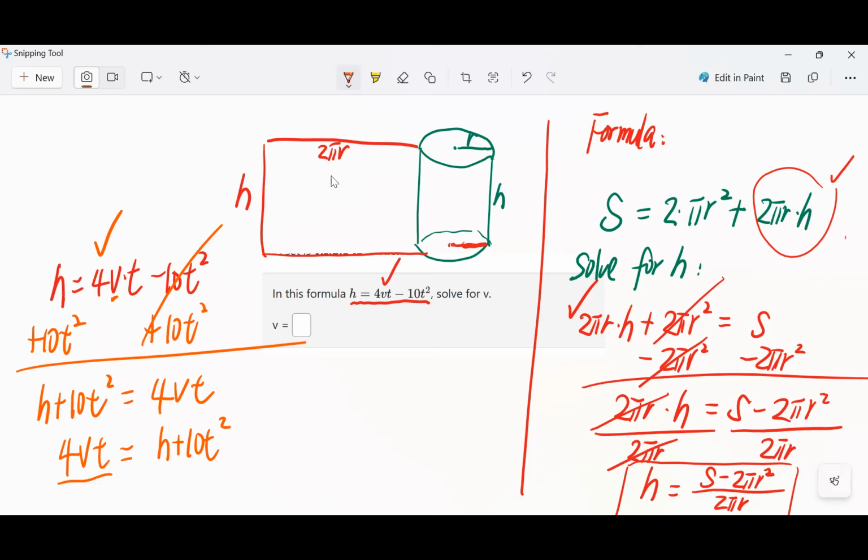So we're going to divide 4t from both sides of the equation. Only keep the v. v is the only variable we want to keep. So cancel the 4, cancel the t. Now v is by itself. v equal to h plus 10t squared over 4t.